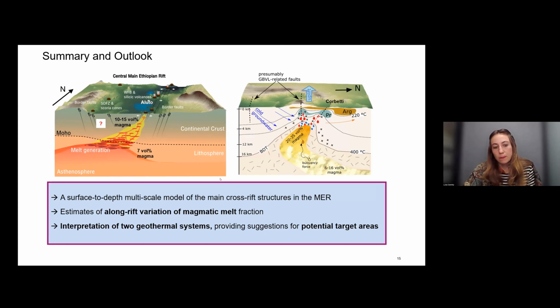And I think what we were able to deliver is really surface to depth multiscale models that depict these long hypothesized rift structures now nicely, and that show how strong MT is in resolving these structures and understanding the melt distribution along the rift and these variations on a larger and on a smaller scale. And at the end of the project, we understand that in its whole tectonomagmatic context.